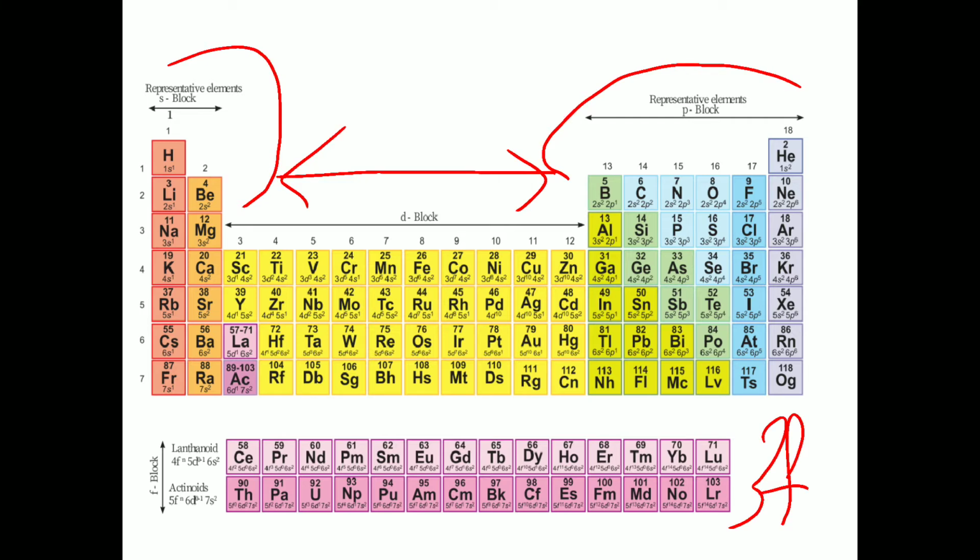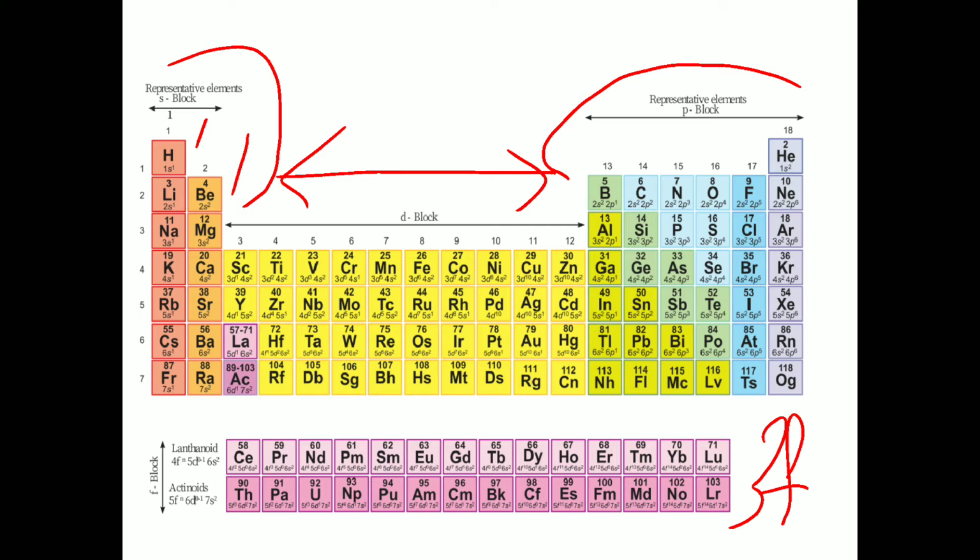Now the s-block elements are placed at the extreme left hand side of the periodic table, and they are placed in two groups, that is group 1A and group 2A. The group 1A is known as the alkali metals, and group 2A is known as the alkaline earth metals. Both group 1A and group 2A constitute the s-block elements.